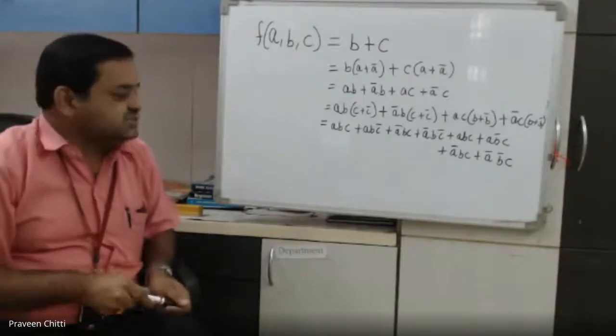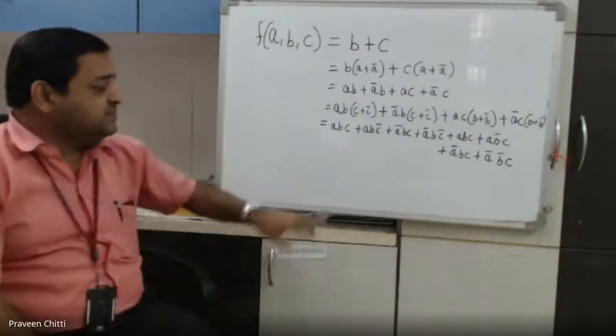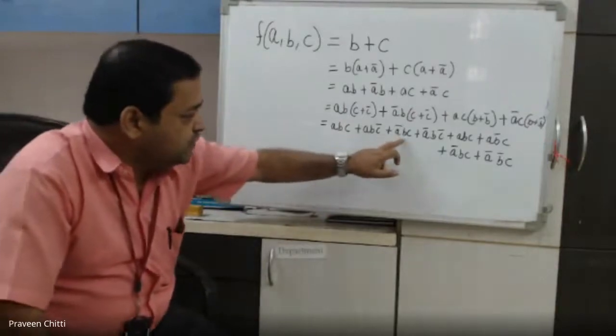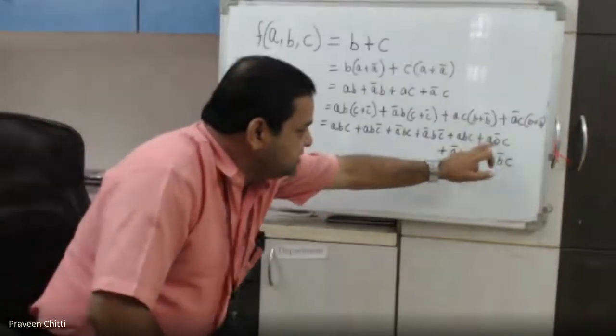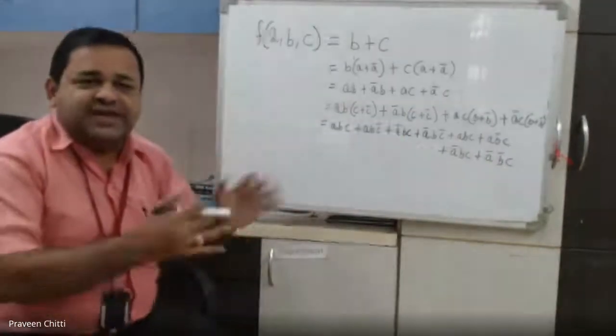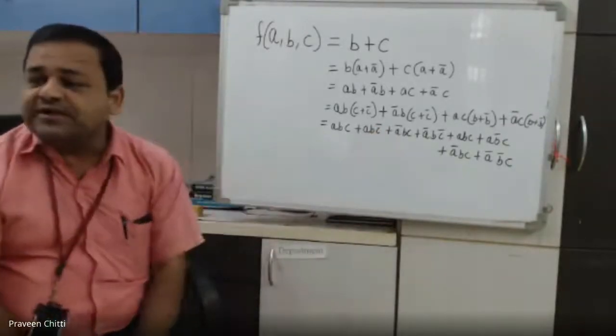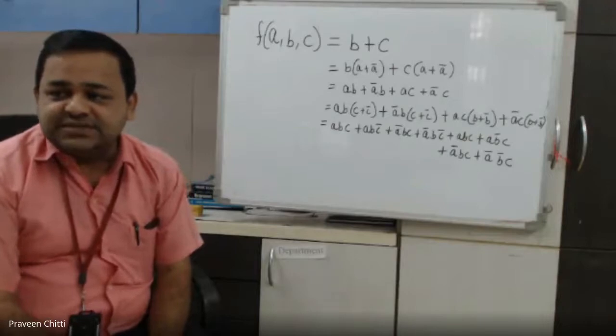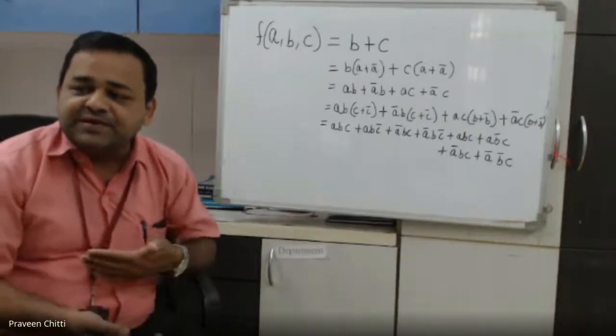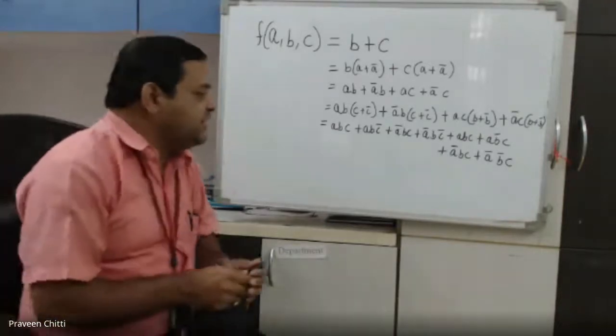Don't change the sequence. Now you can see how many terms we got: 1, 2, 3, 4, 5, 6, 7, 8. Totally 8 terms, and each product term contains all three variables A, B, C, either in complemented or uncomplemented form.